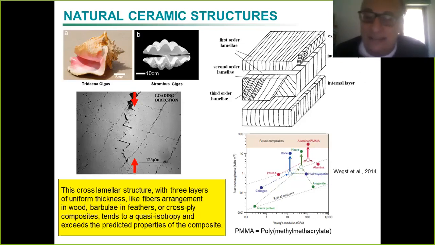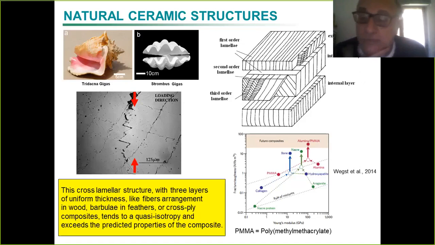In practical terms, apart from using real bones and real nacres, which has also been done in history, we can imagine making composites, for example, with natural yet extracted composite like alumina and PMMA, because it's a big problem.